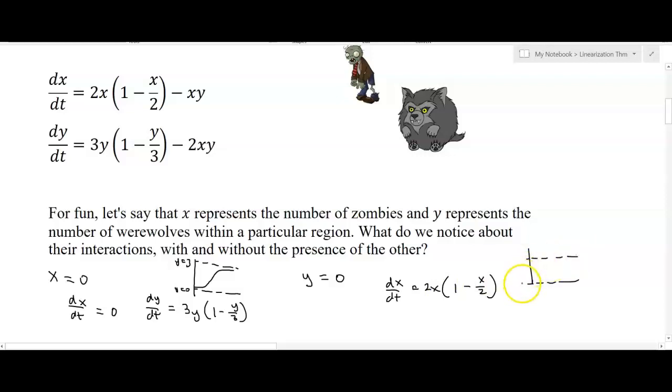They have a higher appetite and probably consume more per werewolf. But of course, if y = 0, the second equation clears out, and we're left with dy/dt = 0, which makes sense. If there are no werewolves, there will not become any.